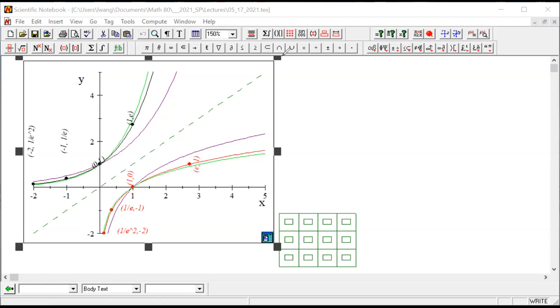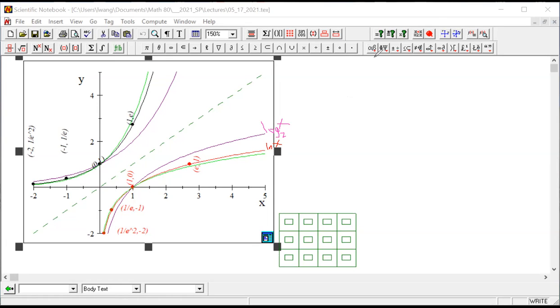ln x is the red. The purple is log base 2 x.